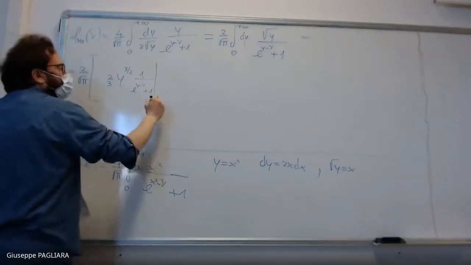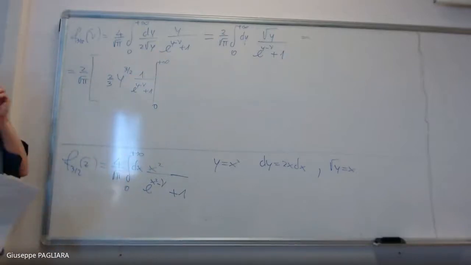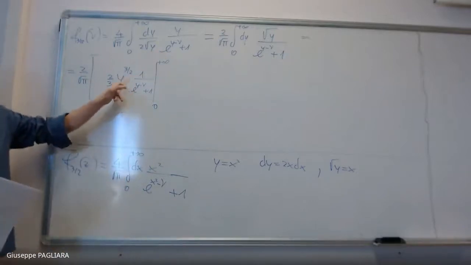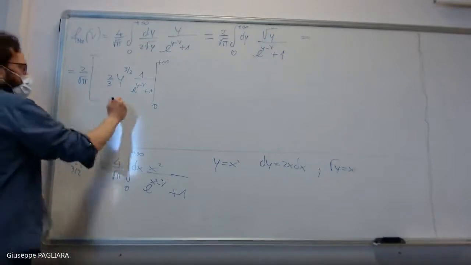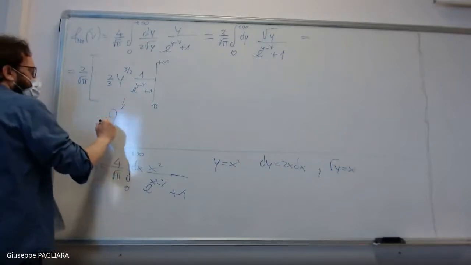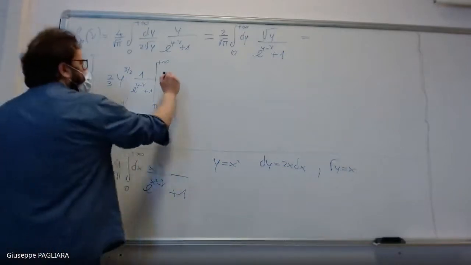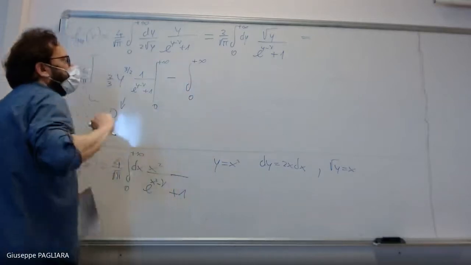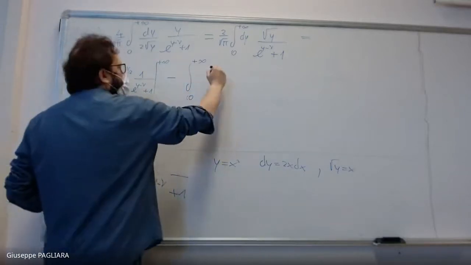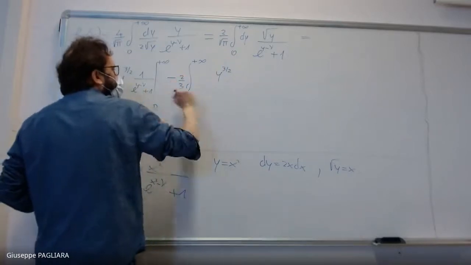This must be computed from 0 to plus infinity. At y equals 0, this is 0, whereas at plus infinity it is 0 again because of this exponential suppression. So this actually is equal to 0. And then I have a minus integral from 0 to plus infinity of y to the power of 3/2, then I have a 2/3 here.